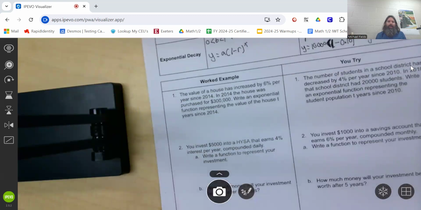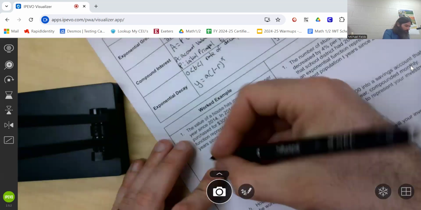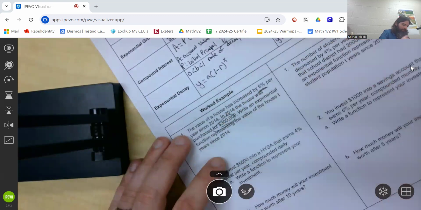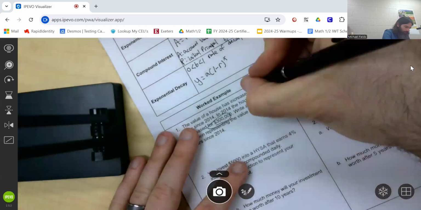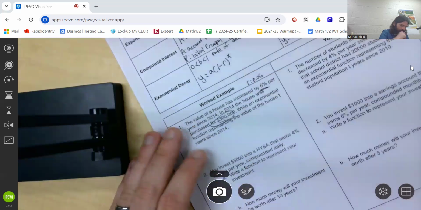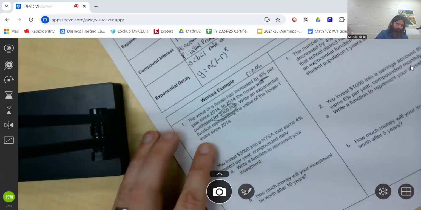All right. Number 1, the value of a house increased by 6% per year since 2014. In 2014, the house was purchased for $300,000. Write an exponential function representing the value of the house t years since 2014. So we have an initial value, which is 300,000. We have 6% growth. So R is going to be 0.06 as a decimal.